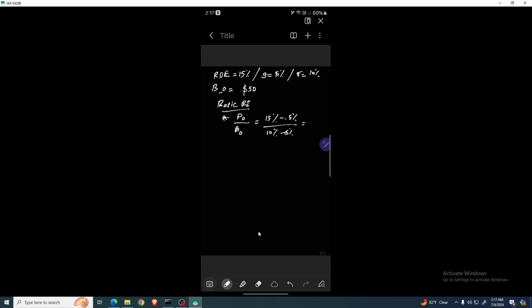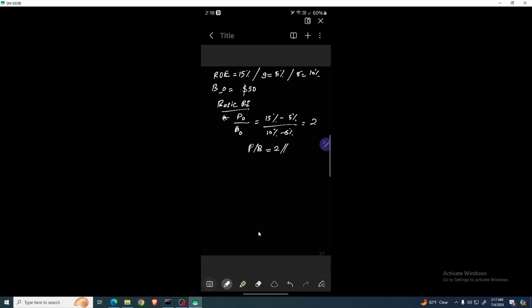That's going to be 10% divided by 5%, and that's equal to 2. 10 divided by 5. So here essentially the price to book ratio is going to be 2. PB is going to be 2.